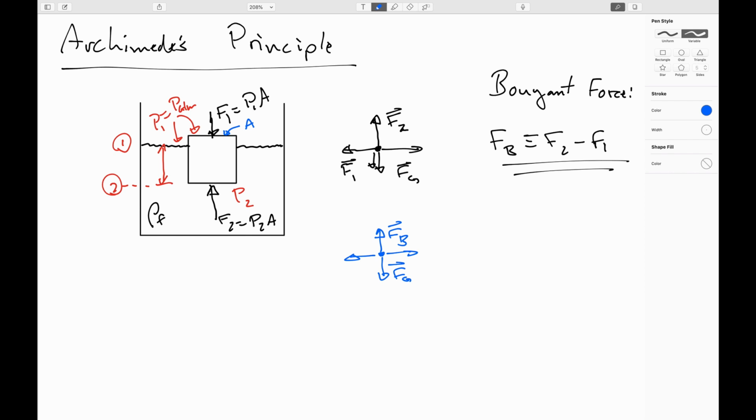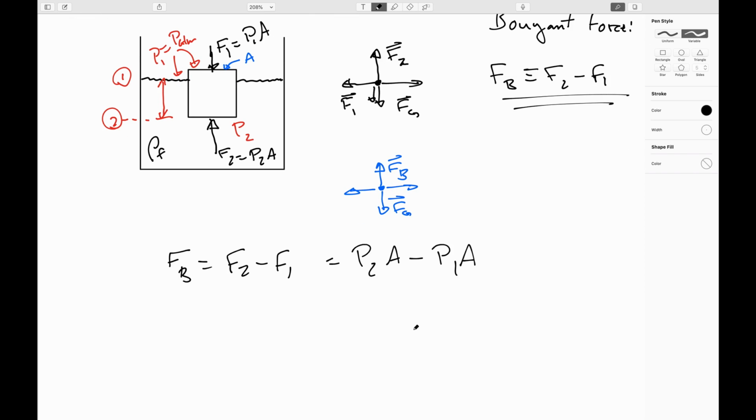Okay. So we can figure out how much this buoyant force is. We can observe, so the buoyant force, like I said, is defined to be F2 minus F1. So this will be equal to P2A minus P1A. And we can use Pascal's principle here to say, all right, P2 is going to be equal to P1 plus the density of the fluid, g, h.